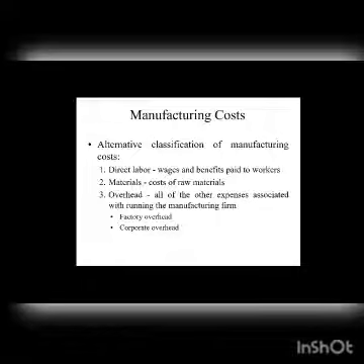Overheads, all the other expenses associated with running the manufacturing firm. Let us say power requirement, rent, all these are factory overheads. In overheads there are two kinds: factory overhead and corporate overhead. Corporate overhead will include administrative overheads. Factory overheads will include overheads required for the processing of the part.